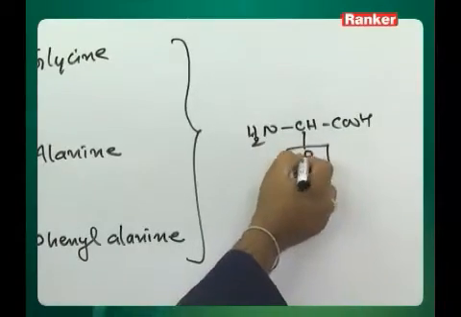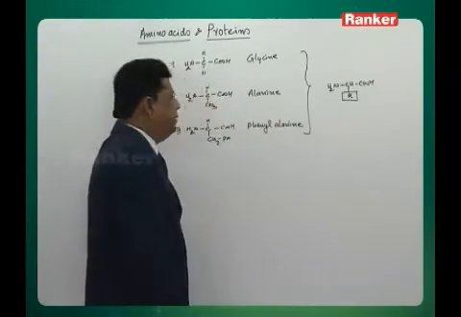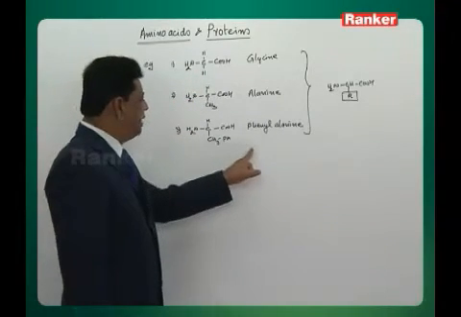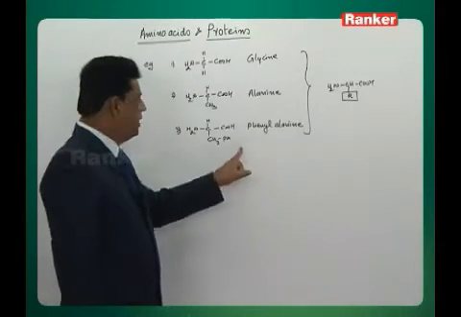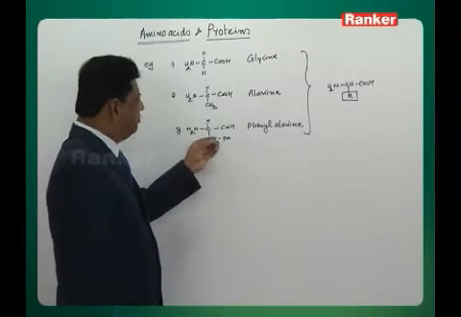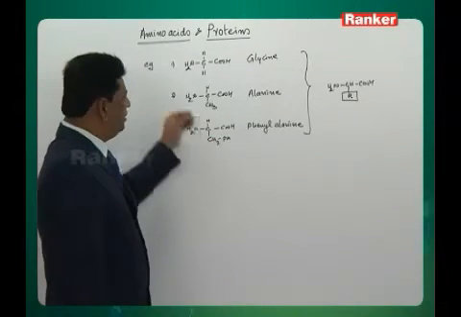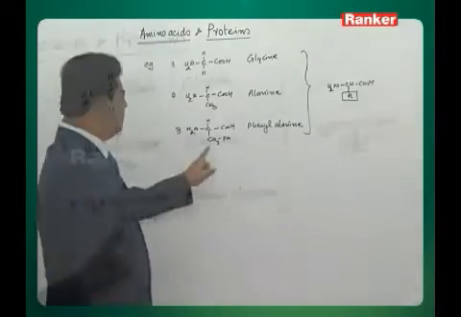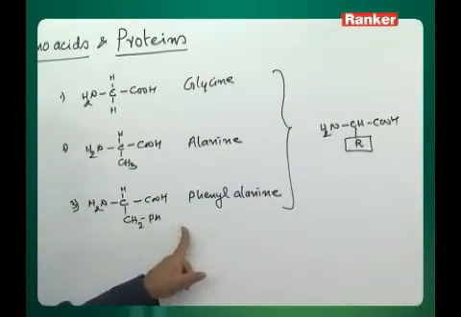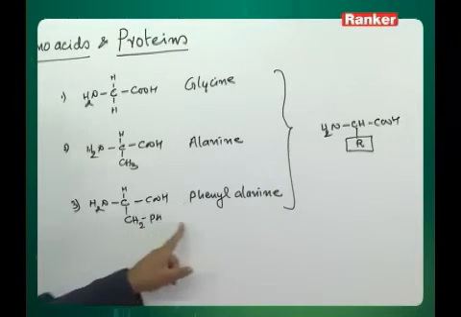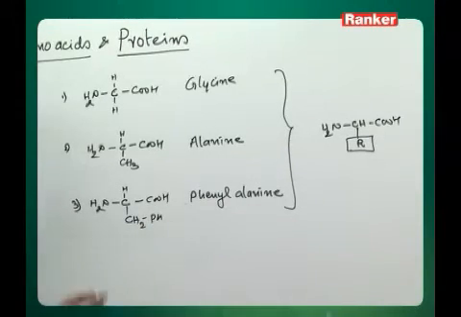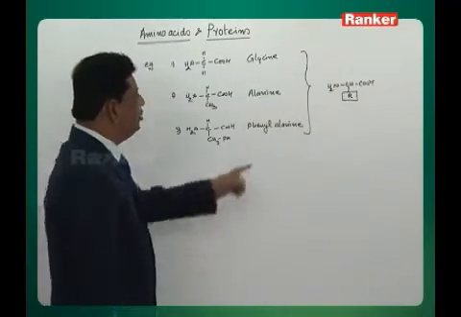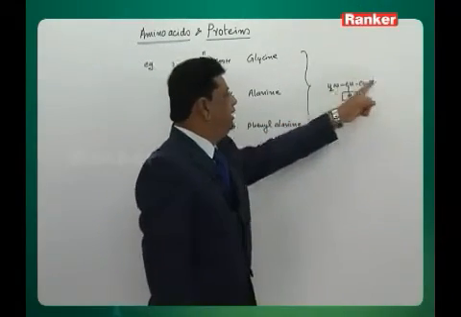The group you can put as R. R can be a hydrogen, methyl or a CH2 phenyl, and sometimes an n-butyl, isobutyl, and here and there something more complicated, but most of the amino acids are very simple in their structure. And some compounds, as I said, in the R group will have COOH, and sometimes an extra amino group NH2. Based on that, basic and acidic properties are reflected. So in general the structure will be like this.